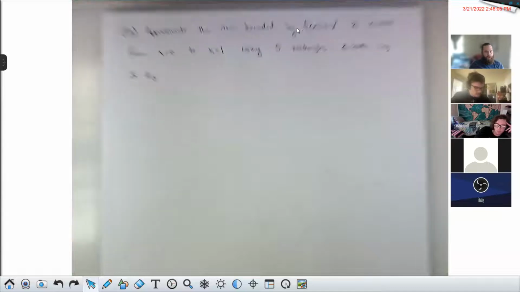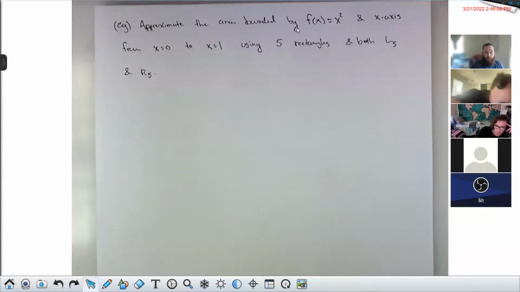So we'll do the left and right endpoints to try and approximate the area under this parabola, just between 0 and 1.